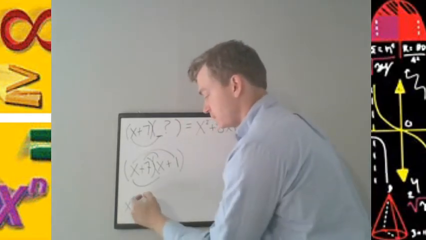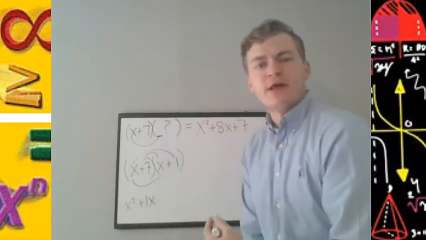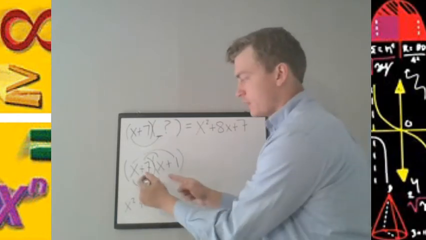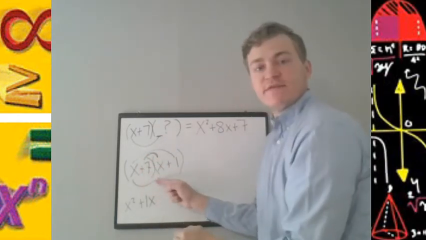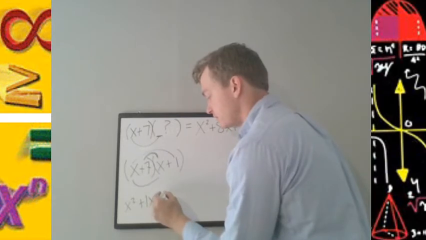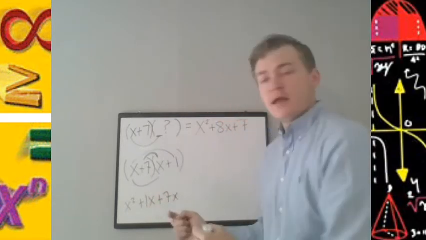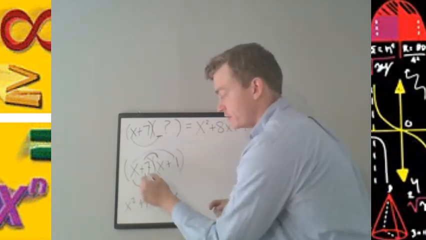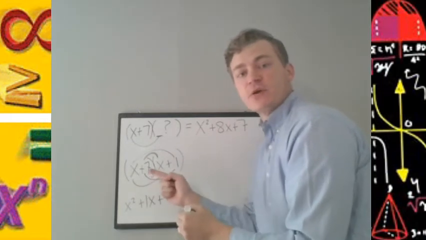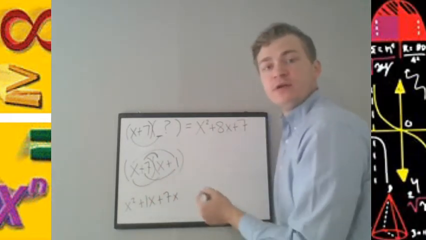But for now, I'll write 1x so we can see where it's coming from. The product of our inside terms here, 7 and x, is a positive 7x. And lastly, the product of our last terms, or our constants, the 7 and the 1, is a positive 7.